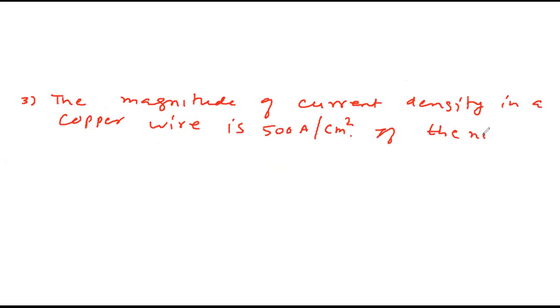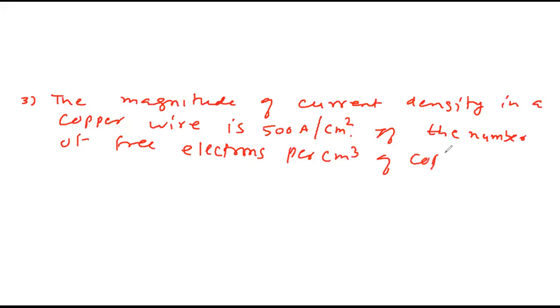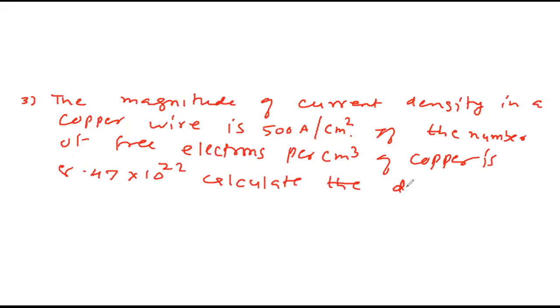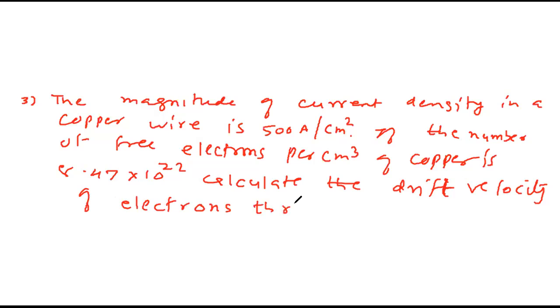If the number of free electrons per centimeter cube of copper is 8.47 into 10 raised to 22, calculate the drift velocity of electrons through the copper wire.